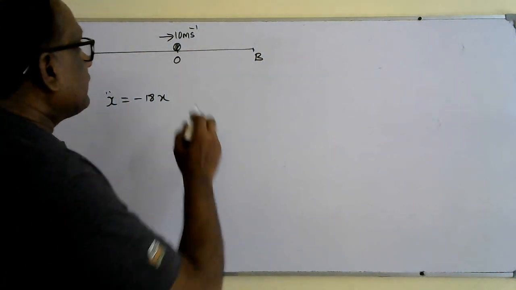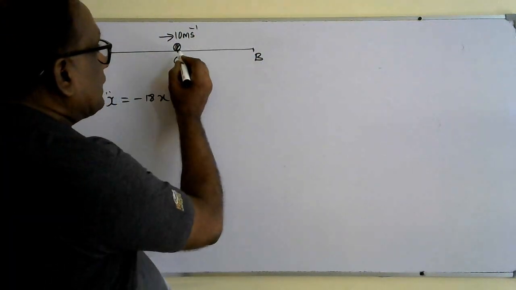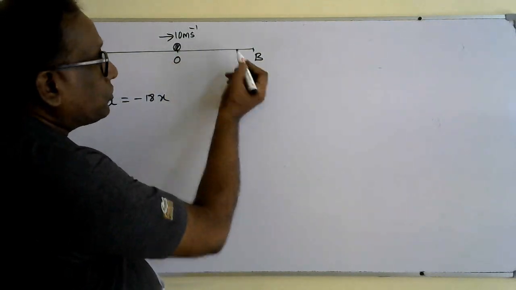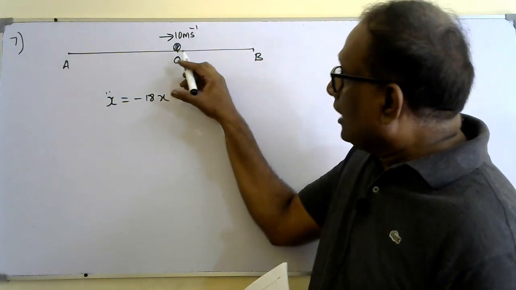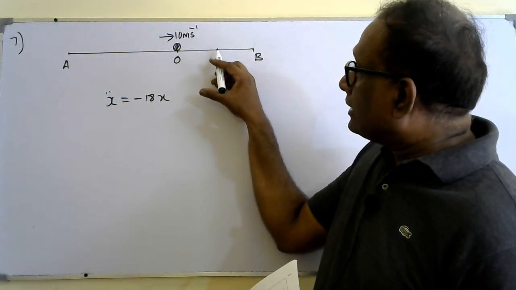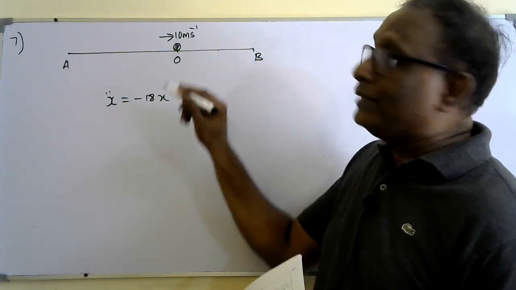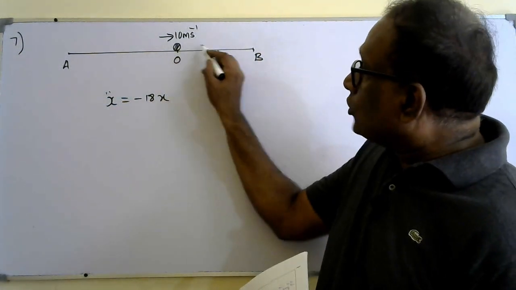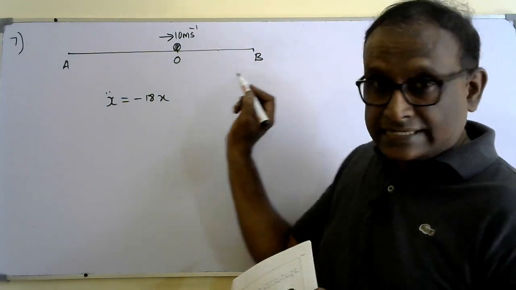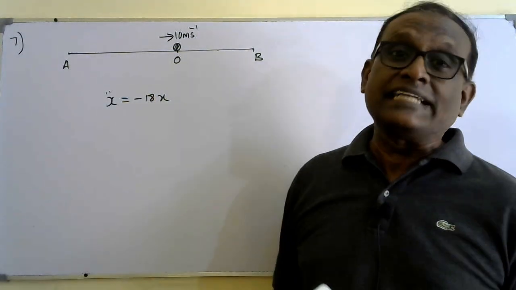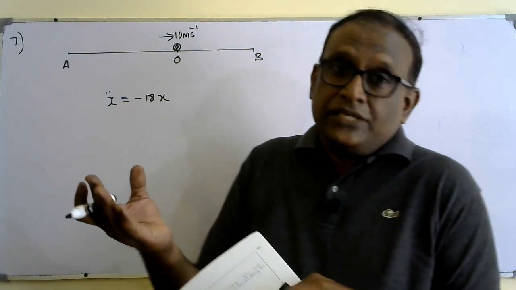But when it was projected at speed 10 meters per second, we don't know the maximum distance it moved to the right. We didn't calculate it and we don't need to find it, but it could happen that the particle moves to the right beyond the point where the string PB slackens. When it goes beyond that point, the string PB might slacken and the tension T2 might become 0.